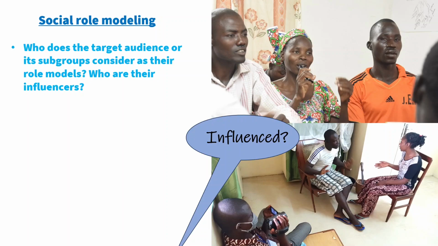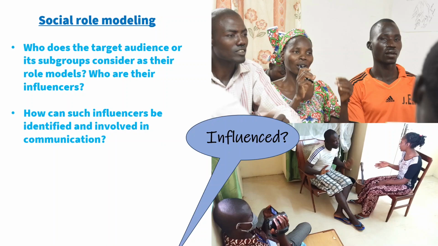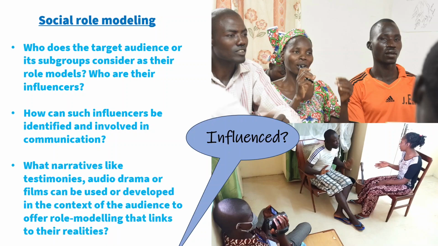Who are their influencers? How can such influencers be identified and involved in communication? What narratives, like testimonies, audio drama, or films, just to name a few examples, can be used or developed in the context of the audience to offer role modeling that links to their realities?